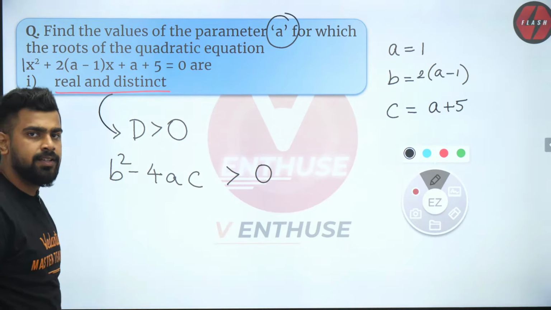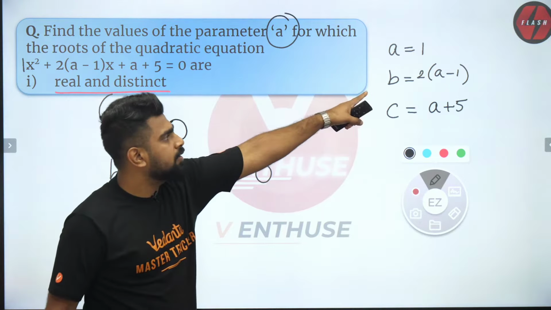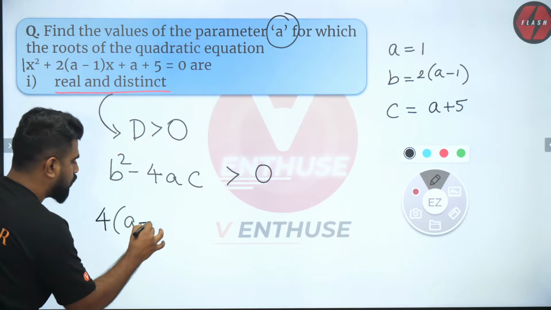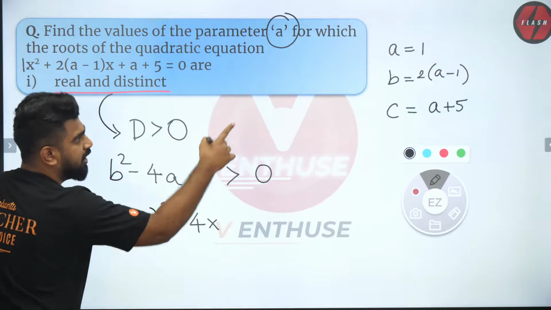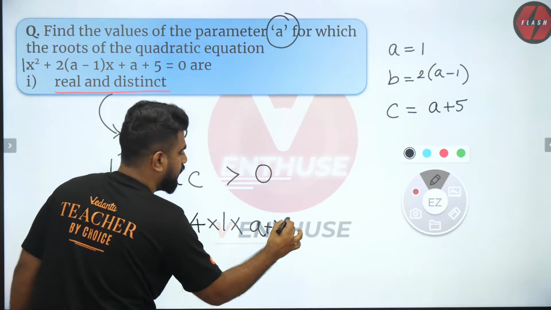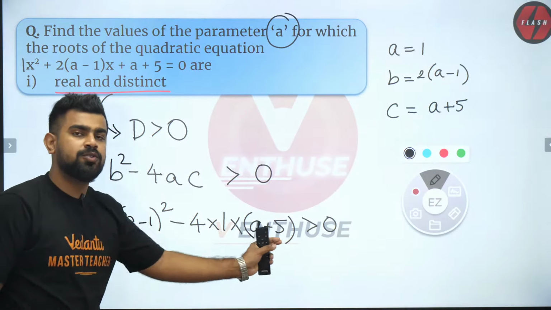Isn't that correct? I hope everybody is aware of that. So what is b square? B square is going to be 4 into a minus 1 whole square minus 4 times of a is 1 into c is a plus 5, and that is greater than 0. So this is what I have to solve.